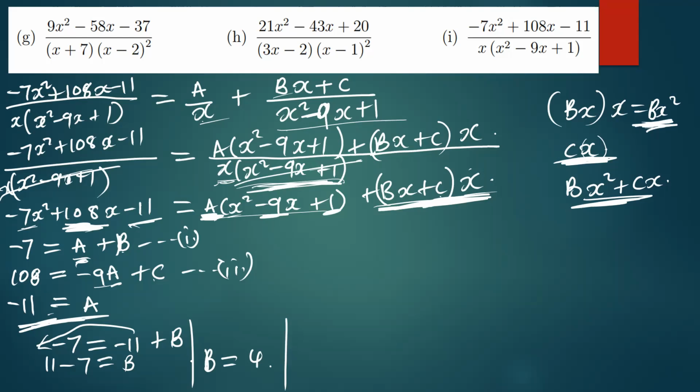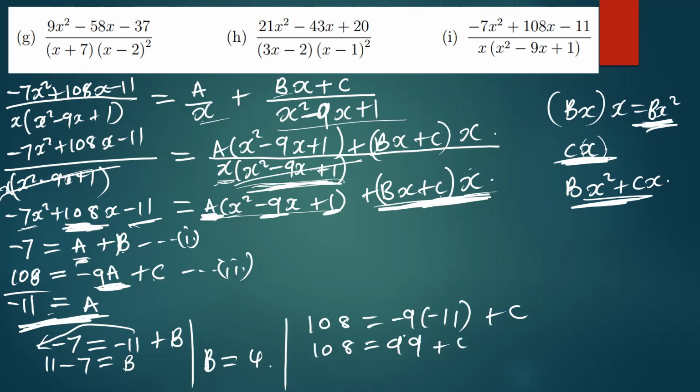And then to find the value of c, we simply replace the value of a there. So we're going to have 108 this side, and then we say -9 times -11, because a has been found to be -11. Then we say plus c. So when you multiply there, you get 108 is equal to 99 plus c. So this 99 will cross the equal sign and become -99.